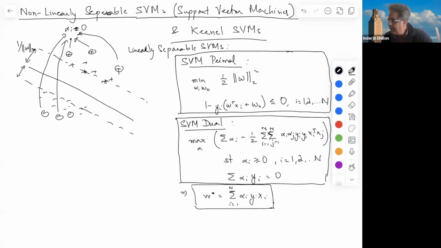And then the points over here, which are on the margin, because my constraints say that all the points have to be on either side of the margin, are the points where the alphas are not equal to 0. In particular, they are greater than 0.